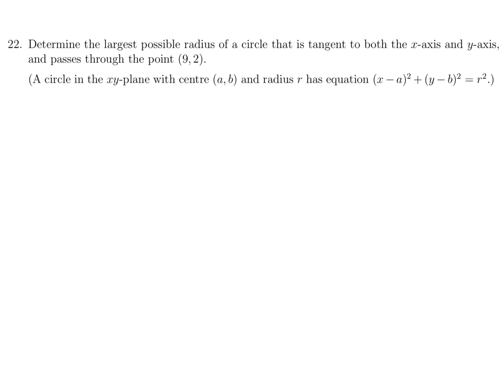Determine the largest possible radius of a circle that is tangent to both the x-axis and y-axis and passes through (9, 2). Let's draw this. So we've got the x-axis, the y-axis, and then, okay, it's tangent to both axes. So let me draw that.